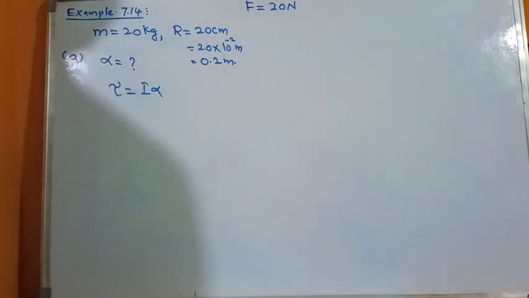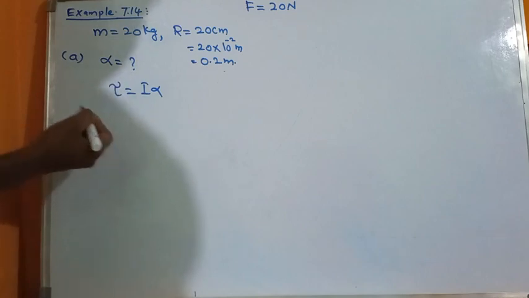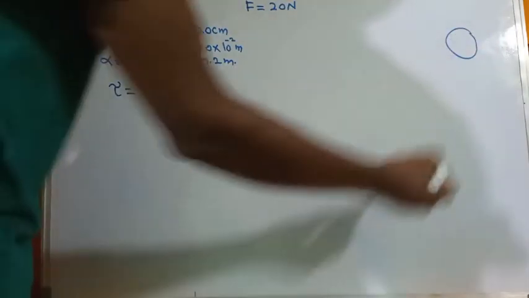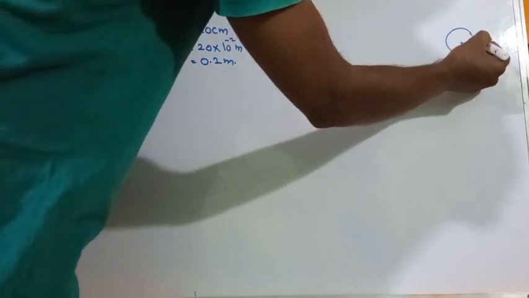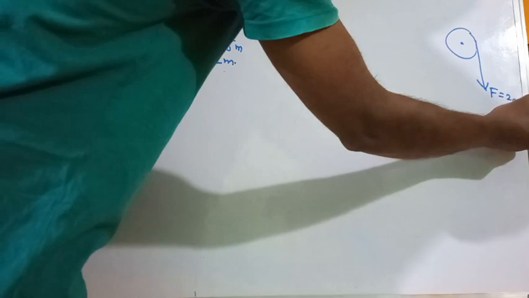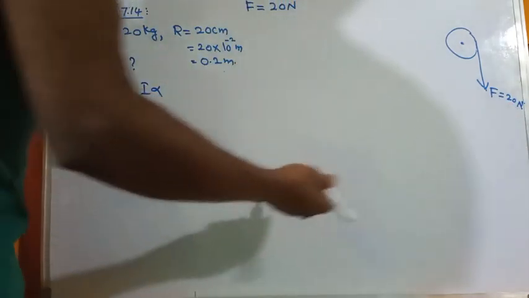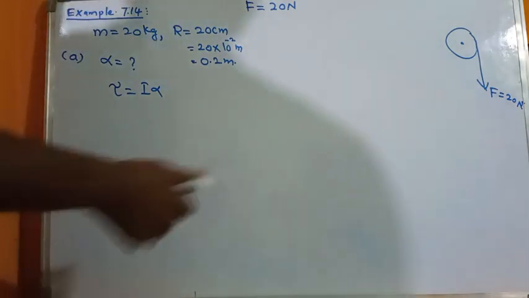Here the diagram is given like this. This is our flywheel, like a CD, this is the axle, and this is our force F, 20 newtons, sorry, 25 newtons.